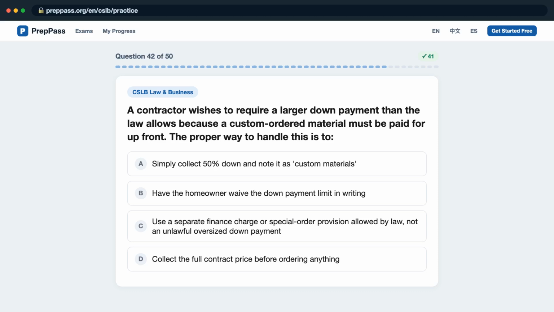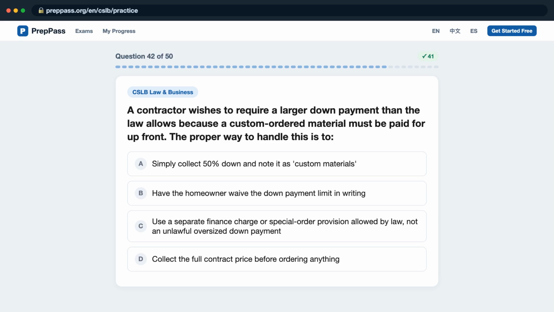Question 42. A contractor wishes to require a larger down payment than the law allows because a custom-ordered material must be paid for upfront. The proper way to handle this is to, is it A. Simply collect 50% down and note it as custom materials? B. Have the homeowner waive the down payment limit in writing? C. Use a separate finance charge or special order provision allowed by law, not an unlawful oversized down payment?